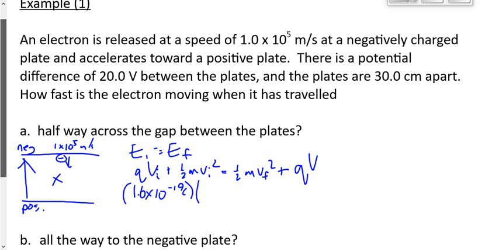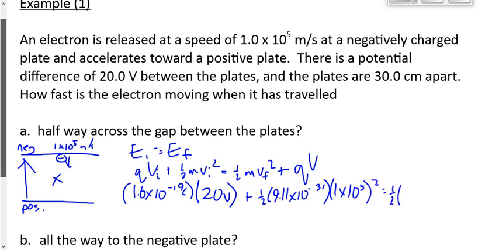All right, VI is 20 volts, right? Plus 1/2 of the mass of an electron on our data sheet times VI, 1 times 10 to the 5 squared. Lots of numbers here. Looking for the speed with which it reaches halfway down the hill or halfway between the plates.